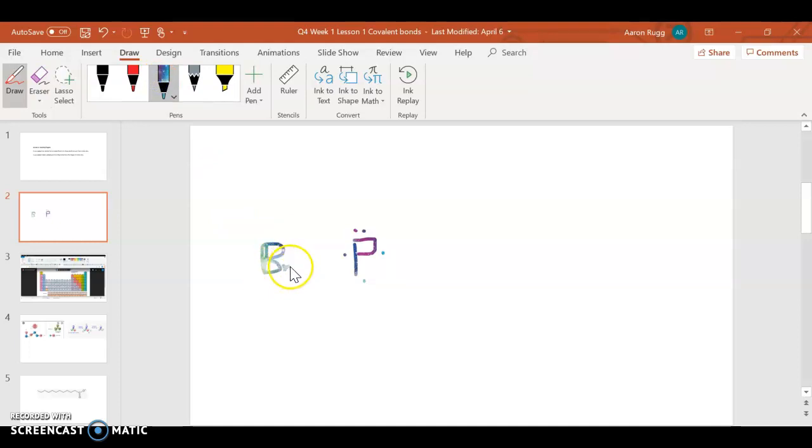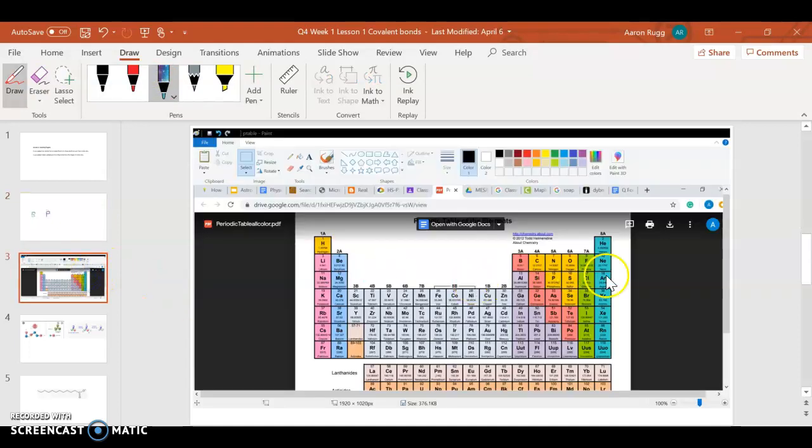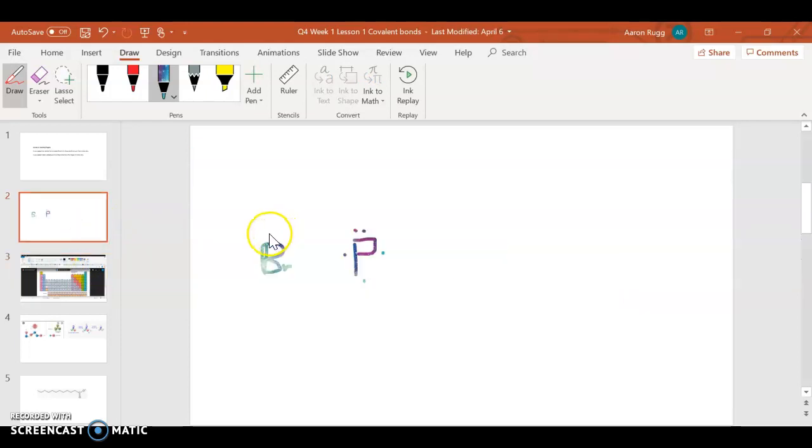Each bromine atom has 7 valence electrons. I'm drawing 7. They share electrons. So they're going to share this electron and this electron between them. And go ahead and draw a straight line, a bond. This line represents 2 electrons.